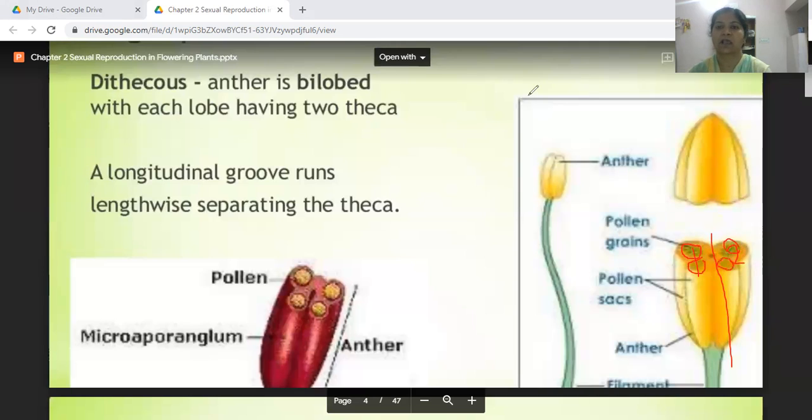Both lobes have 2 thecae, so in total there are 4 thecae, and the anther is tetragonal, meaning at the 4 corners there are 4 thecae. The theca is the anther wall layers inside which the microsporangia are present. There is a longitudinal groove which lengthwise separates the thecae.